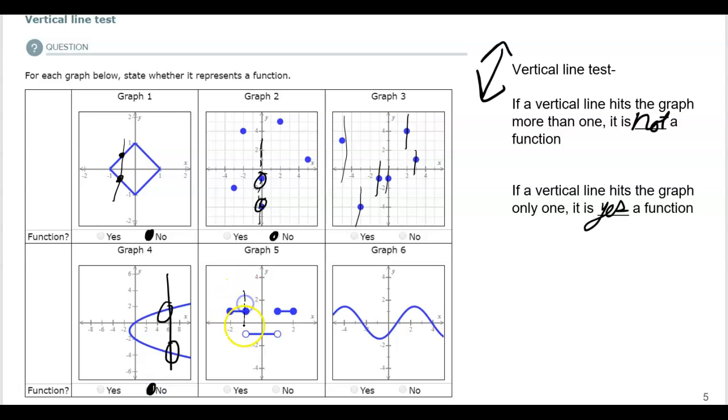Graph 5 is a little trickier, but if you remember, if it's a closed circle, that means there's a value there. If there's an open circle, that means there's not a value there. So technically, there is no value. It only has a value here, so it is still yes, a function. This is also yes, a function.